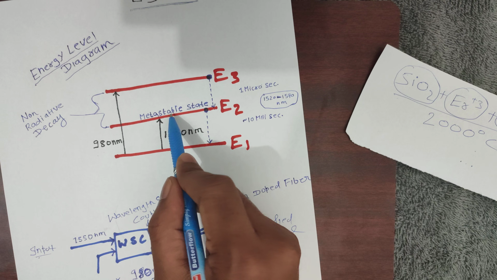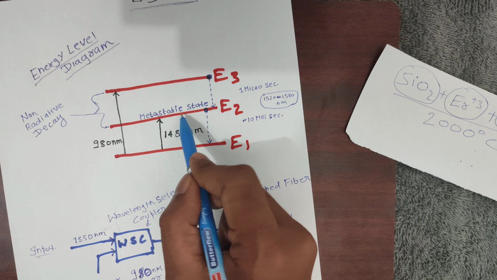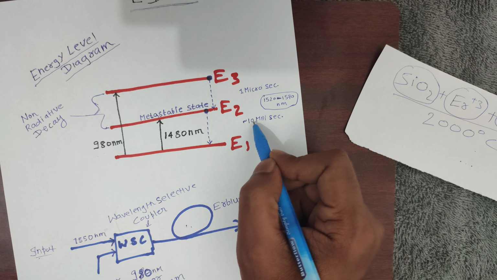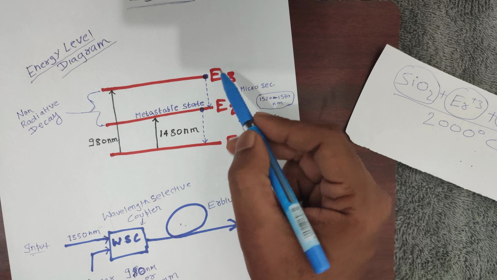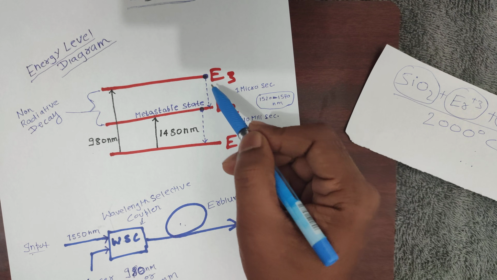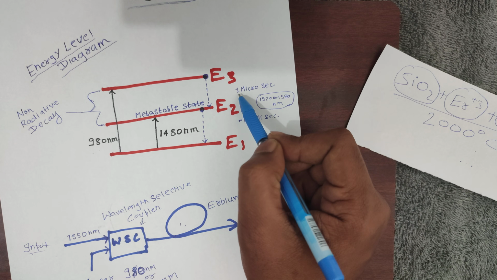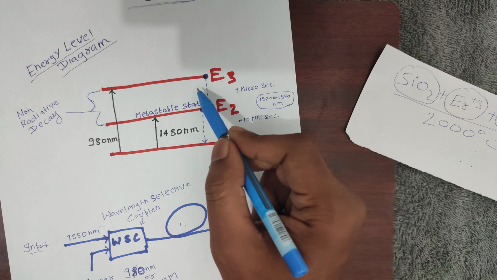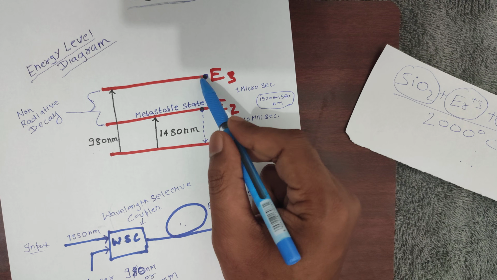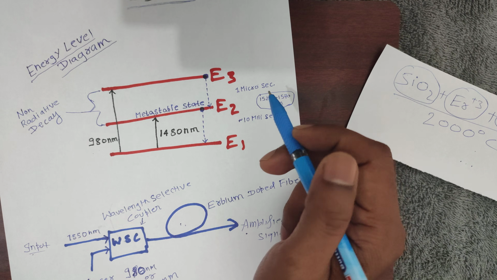In the metastable state, the electron will stay for a longer period of time, that is 10 milliseconds, but for the E3 to E2 transition the time is just 1 microsecond or less. So we don't have to bother about the E3 to E2 transition.